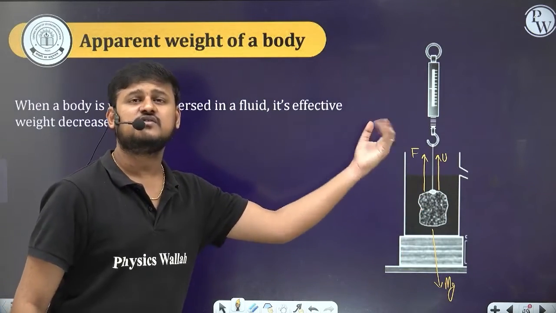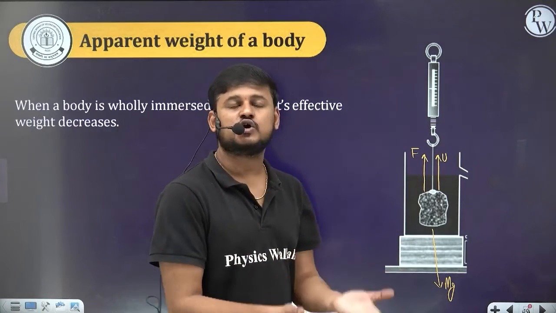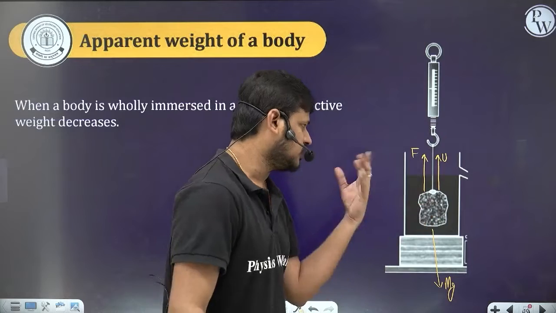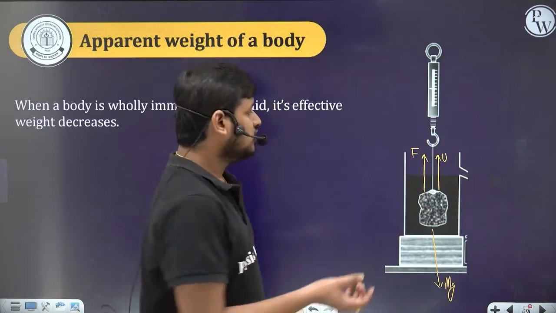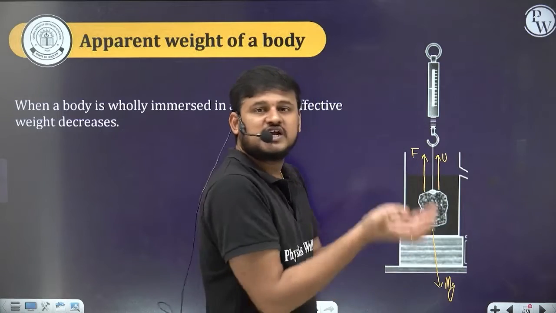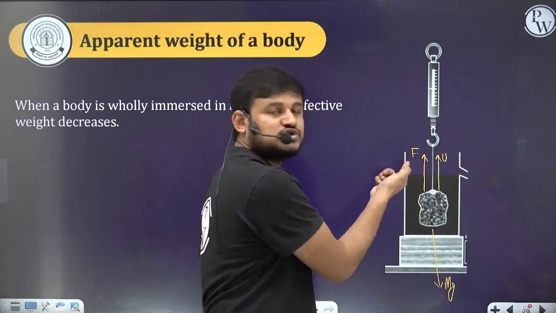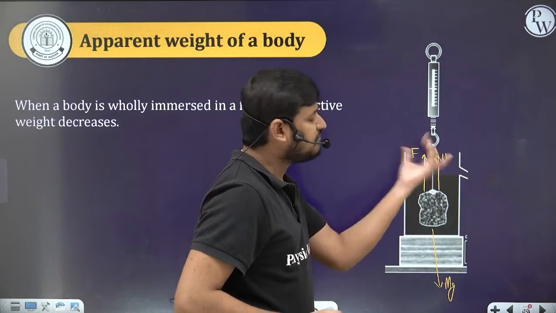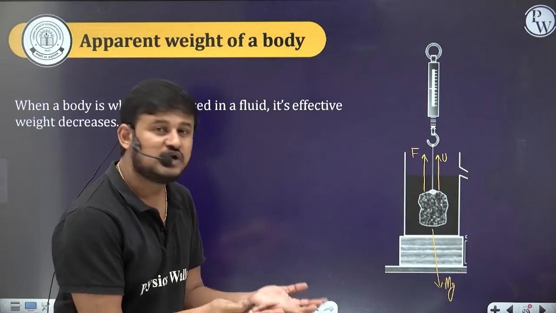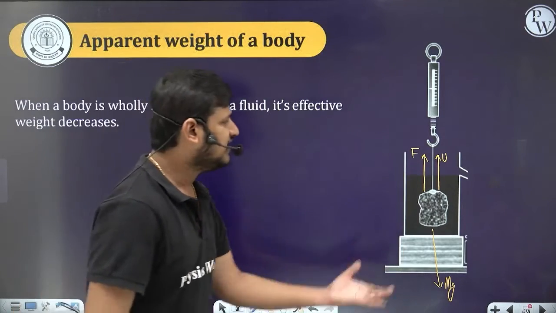This is the force with which you are trying to lift it up inside the water, and already there is the upthrust, which is some other force supporting this force. That's why you are able to lift it easily inside the water or inside the liquid. Done? Chalo.